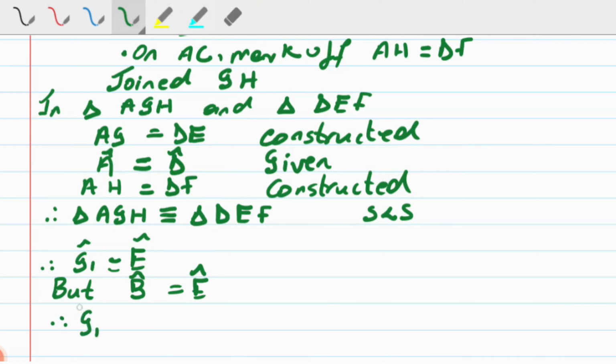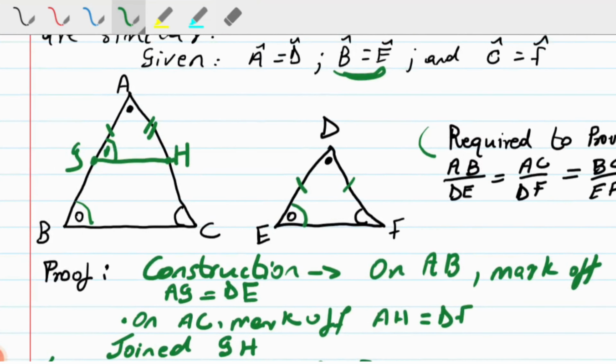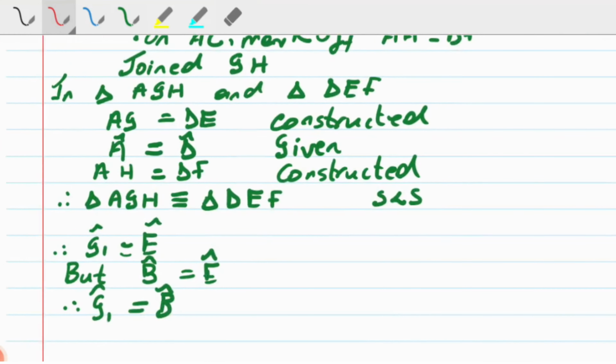Therefore, angle G1 is equal to angle B. Look at that, that is an F. So these are corresponding angles. That would mean that GH is parallel to BC because we have two corresponding angles that are equal.